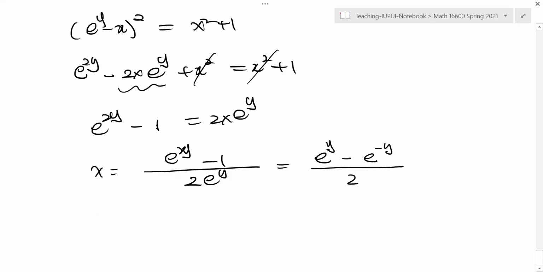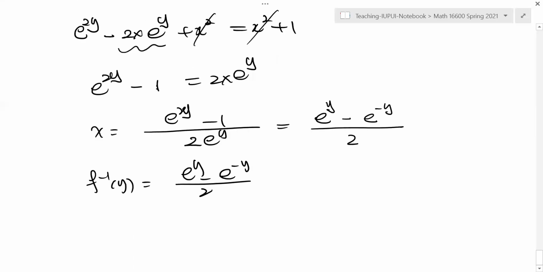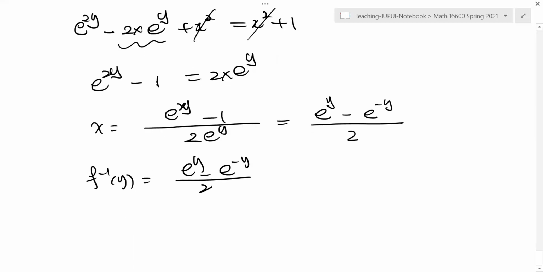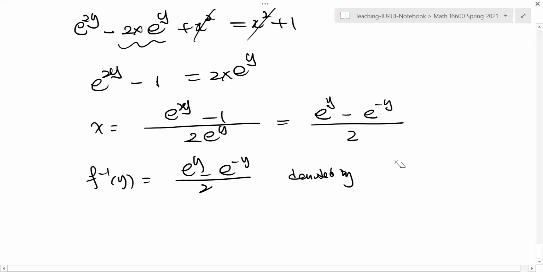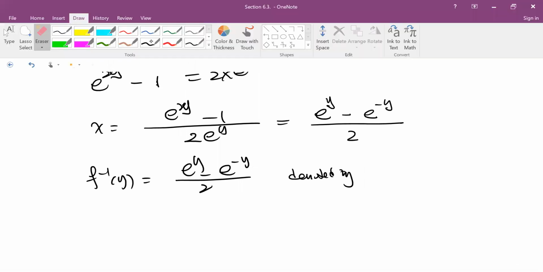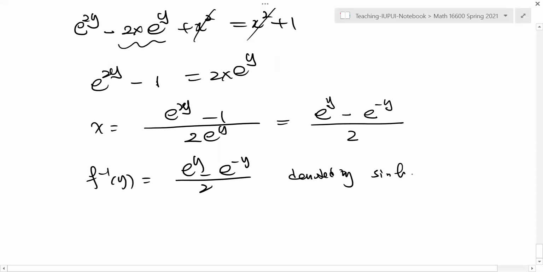Anyway, this is going to be the formula for the inverse. And actually, this is denoted by hyperbolic sine y, because it behaves like sine x, but it's a hyperbolic function in some sense.